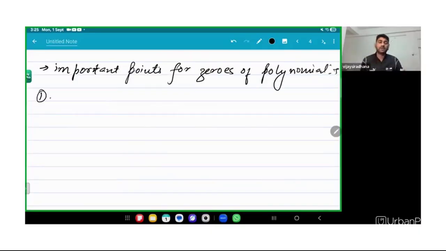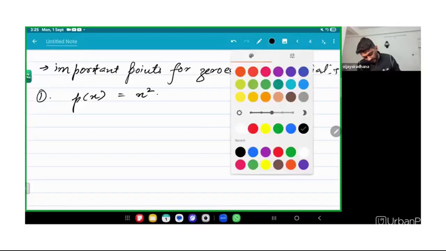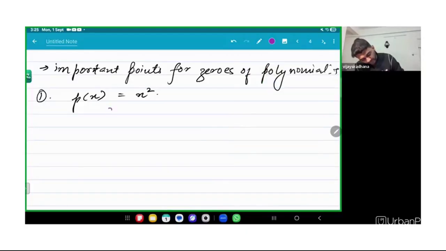The first important point: if I give one polynomial, which is p of x is equal to x square, then what will be its zero? If we equate this, x square is equal to 0. So we'll get x is equal to 0 only, right? x is equal to 0.